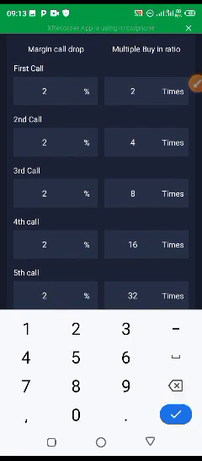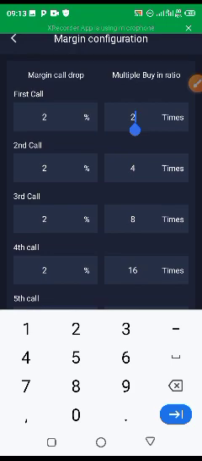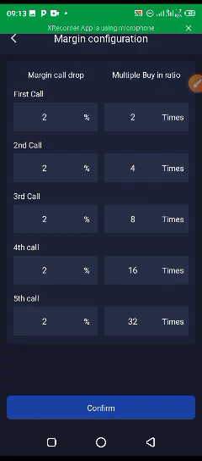Please, when you are setting your coins, you should do it based on your capital. You can set it so that if it drops by 2%, it buys 2 times, 4 times, 8 times, and 16 times. The rest of the settings are okay. So the number of times also depends on your capital.